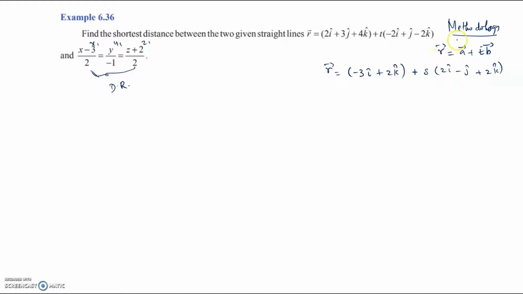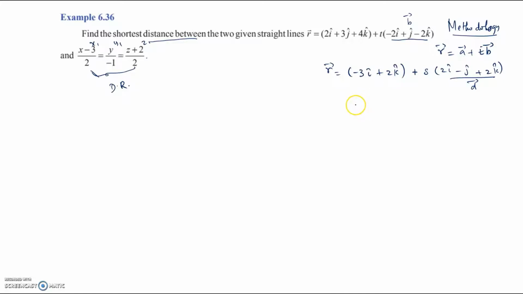Further, we can say that this is vector b and this is our vector d. We have to check whether these two are parallel or not, because to find the shortest distance, the formula changes for a parallel line and for a non-parallel line, a skew line.